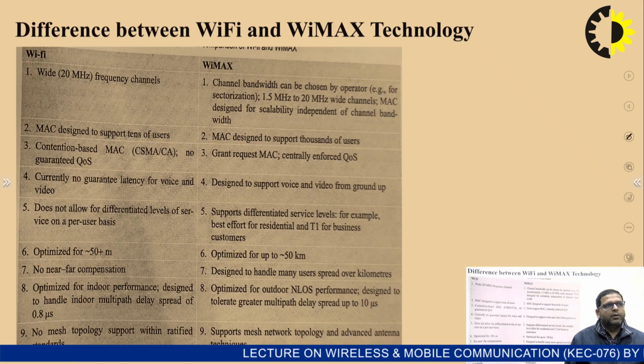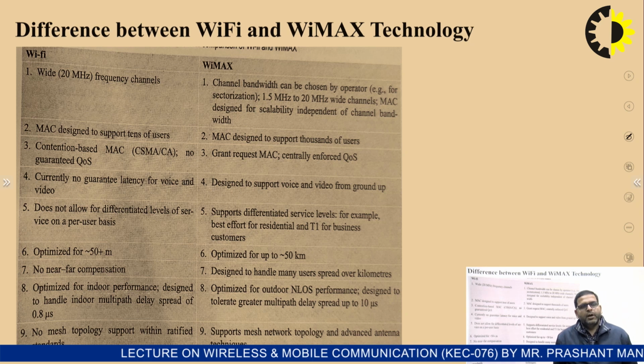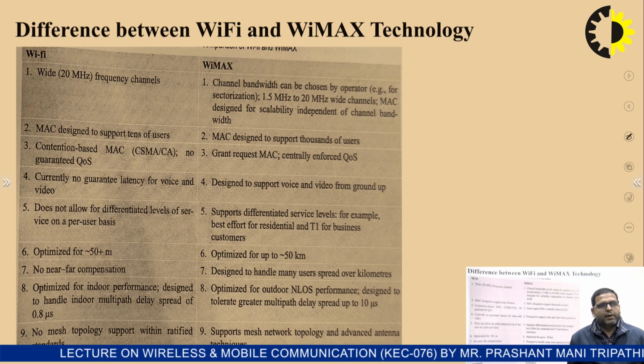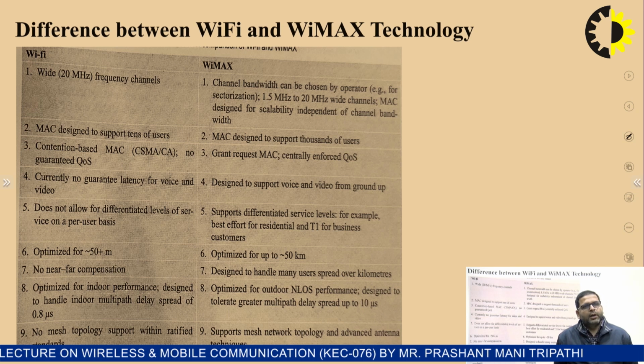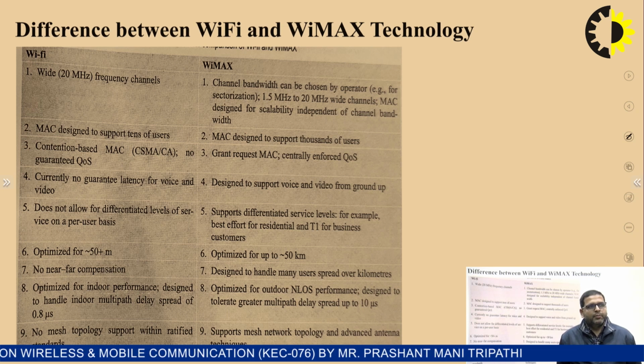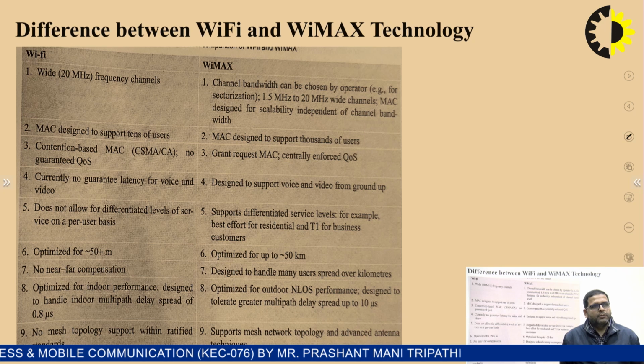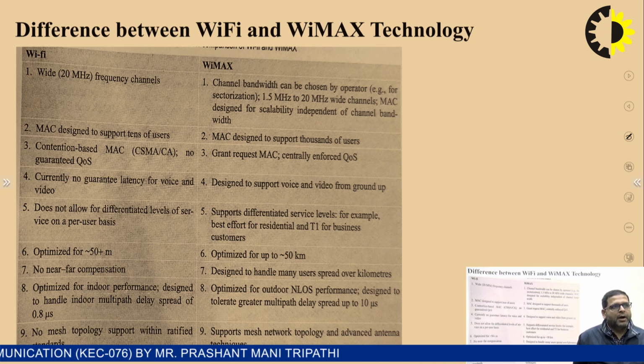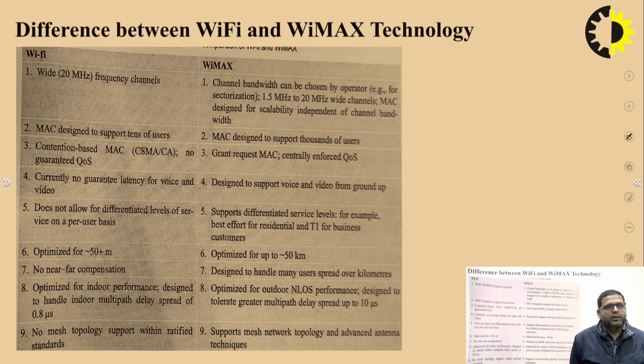Now, we will compare the two technologies which we are using widely, and these two technologies are Wi-Fi and WiMAX technology. So, in terms of range, the Wi-Fi uses wide frequency channel up to 20 MHz, where the channel bandwidth chosen by the WiMAX operator ranges from 1.5 MHz to 20 MHz.